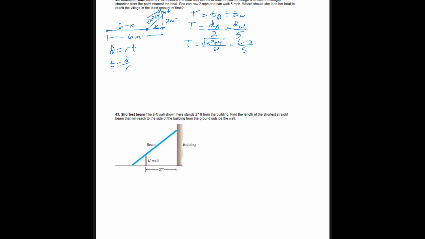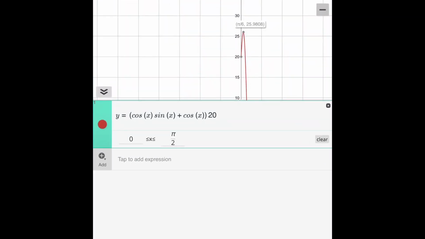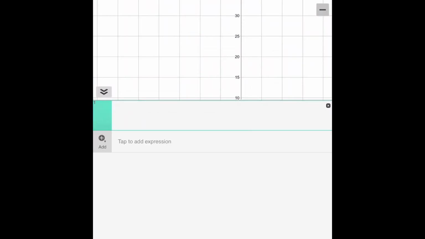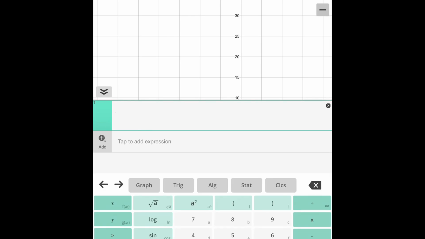Once again, you can either use derivatives or you can graph this. Let's try it with derivatives real quick and see what we get. So the derivative of this first piece. Actually, let's go ahead and just graph it. I changed my mind. Okay, so let's graph it.